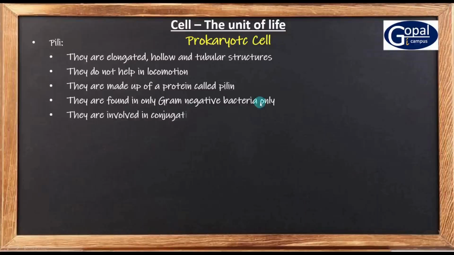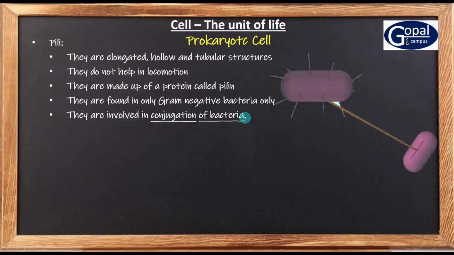These pili do not help in locomotion, but they help in the conjugation of the bacterium. What is conjugation? Conjugation is a method by which the genetic material of one bacterium is exchanged with another. In this diagram, the genetic material is transferred from this bacterium into this bacterium.